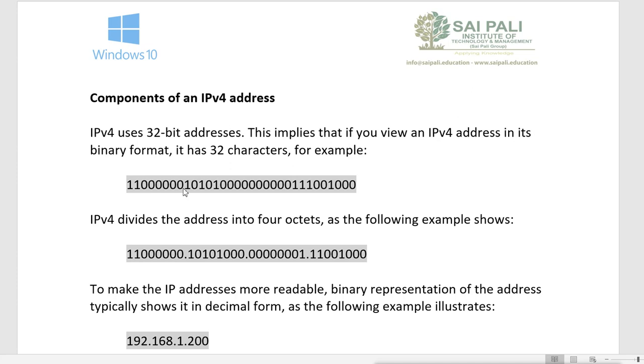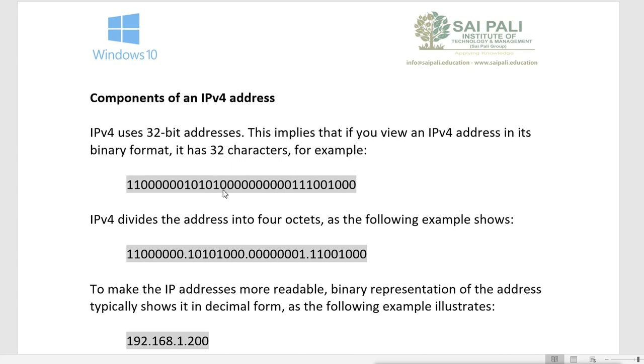We represent the state of the bits by using binary numbers. In binary we have only 0 and 1. When the bit is off, when it does not have any memory, we represent that bit as binary 0. When the bit has memory, we represent that bit as binary 1, which means it is on. So 1 means on and 0 means off.